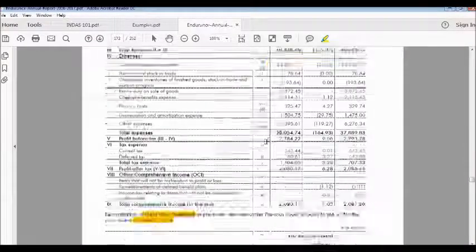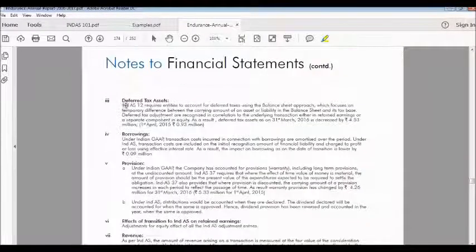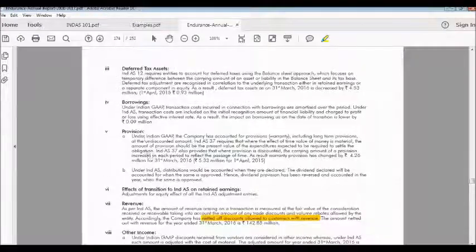A lot of explanation is there in the notes below: why there is a difference in leasehold land, in financial assets, in deferred tax, borrowings, and provisions. Under Indian GAAP, the company accounted for provisions, such as warranty including long-term provision, at the undiscounted amount, but Ind AS 37 requires that where the effect of time value of money is material, the provision should be the present value of expenditure expected.